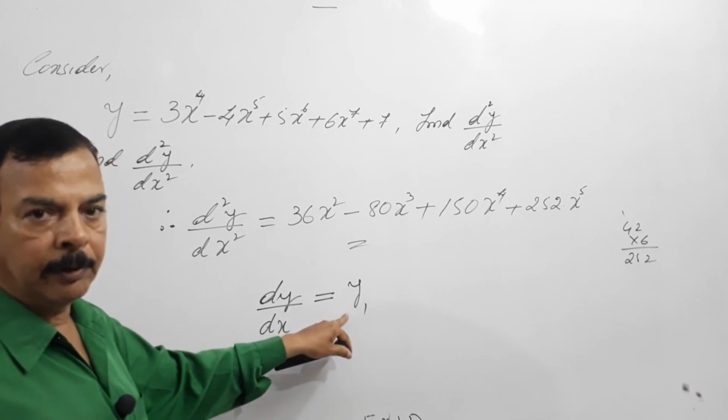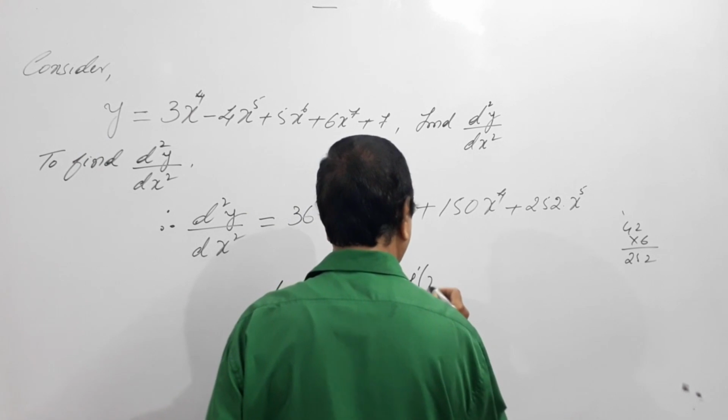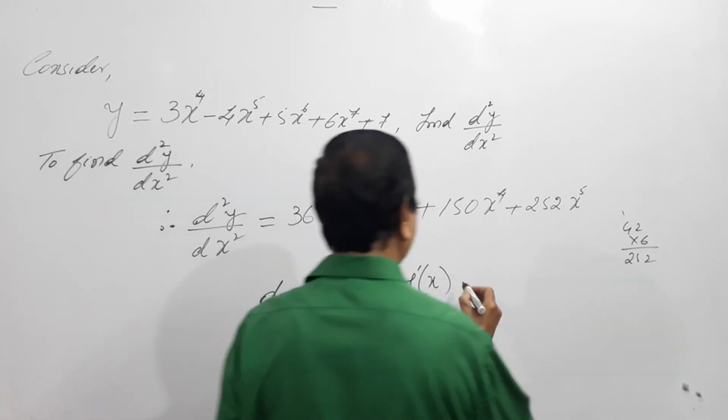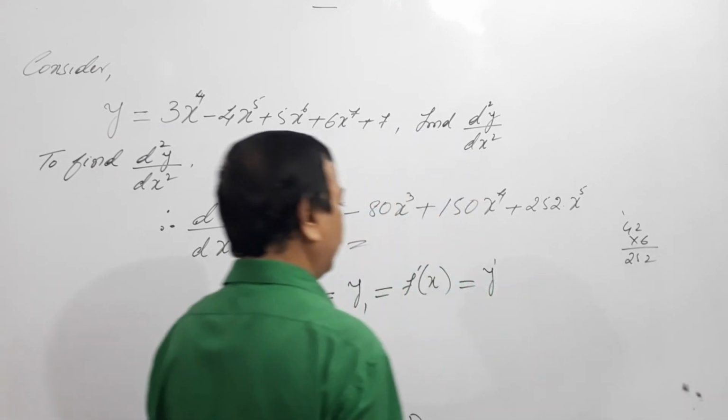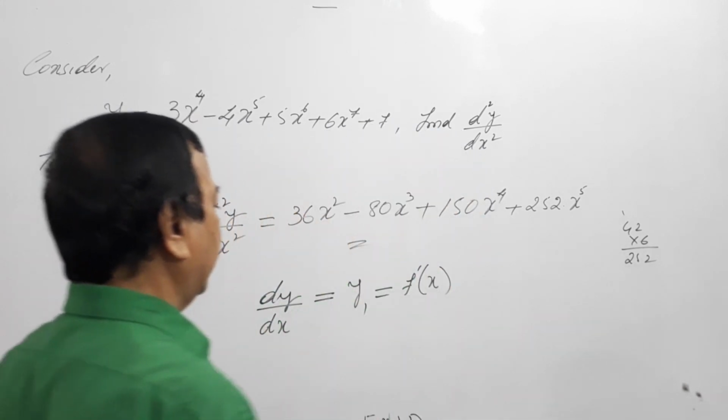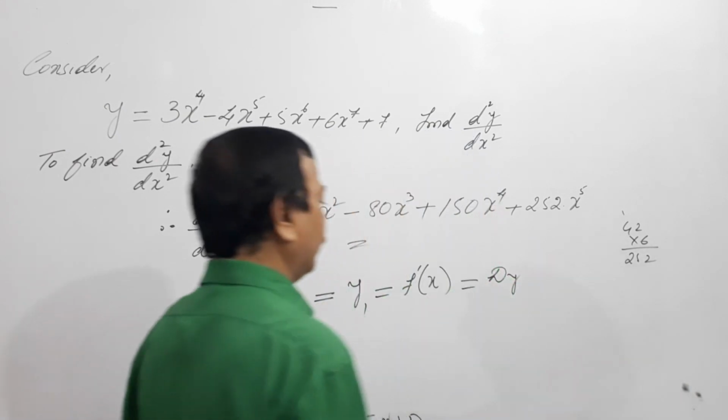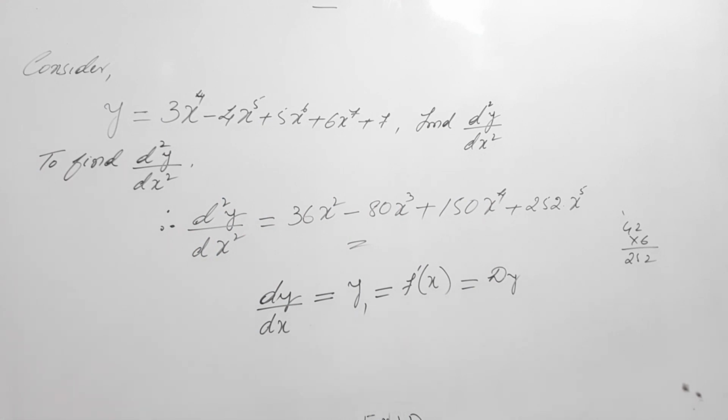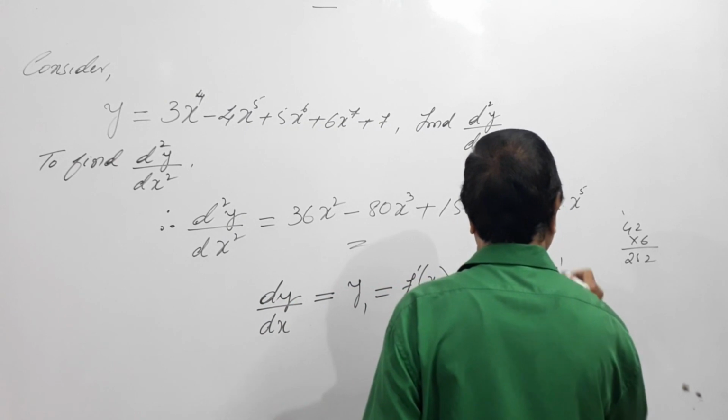Instead of writing dy by dx you can write y1 also, or this is also equal to f dash x, and this can also be written as y dash.